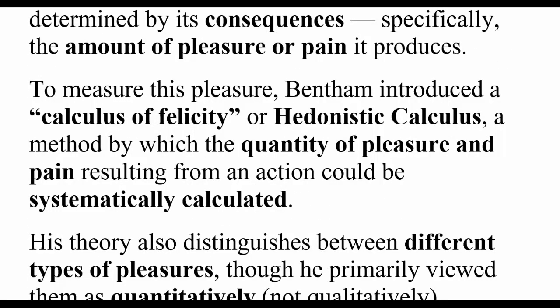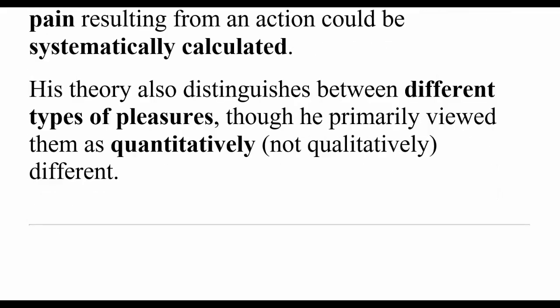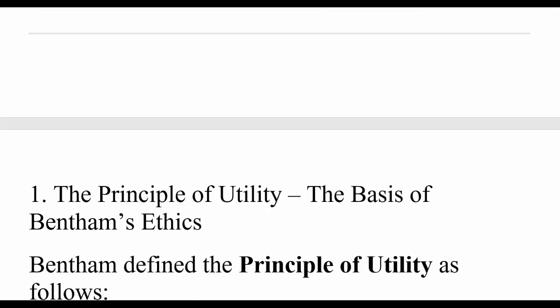To measure this pleasure, Bentham introduced a calculus of felicity or hedonistic calculus, a method by which the quantity of pleasure and pain resulting from an action could be systematically calculated. His theory also distinguishes between different types of pleasures, though he primarily viewed them as quantitative, not qualitatively different.